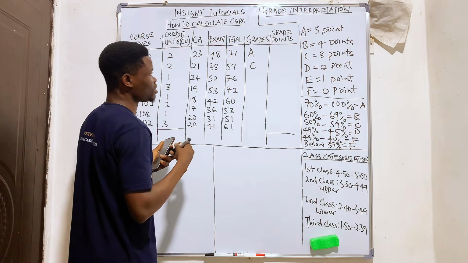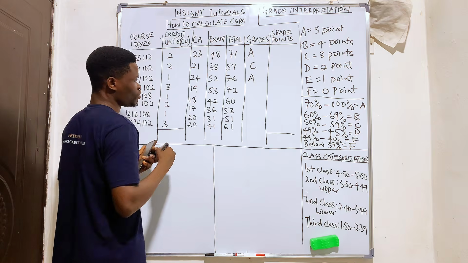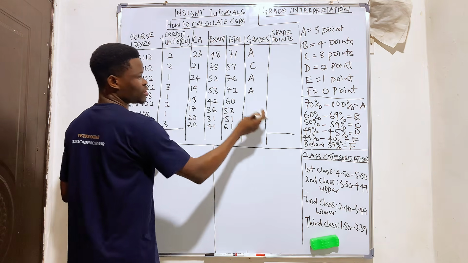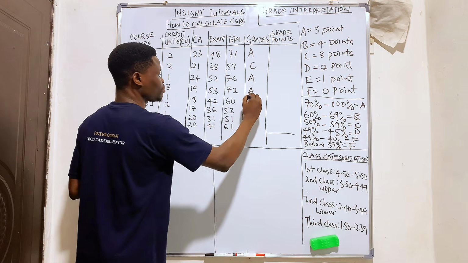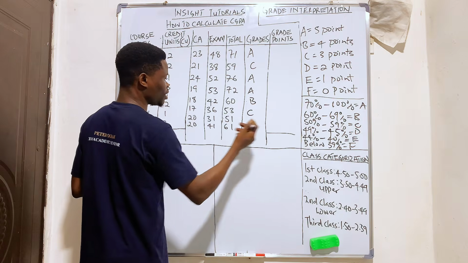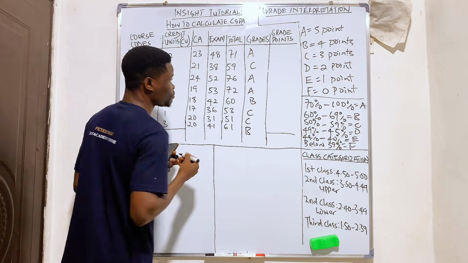If a student has 76, between 70 to 100, that is still an A grade. If a student has 72, this is also an A grade, and this between 60 to 69 is a B grade. This is a C grade, this is also a C grade, and this is a B grade.